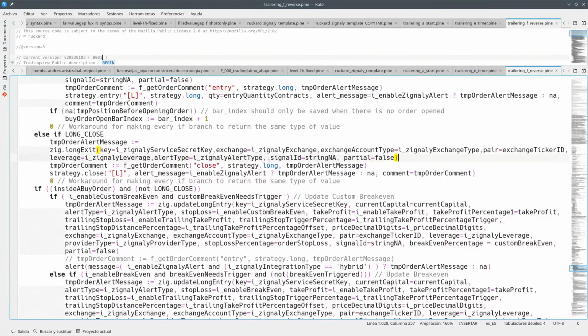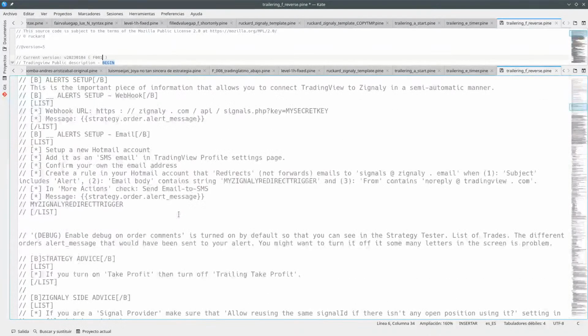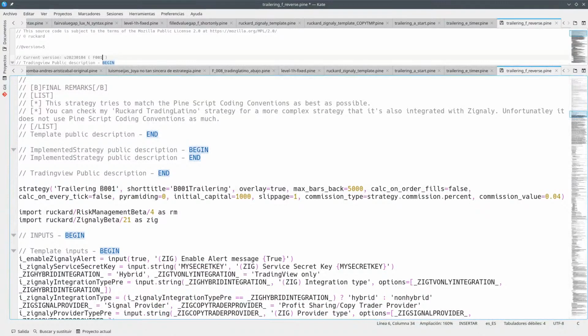And this should be, so this is number 4, and this is going to be F1. Same thing is going to happen here, F1 and F1.